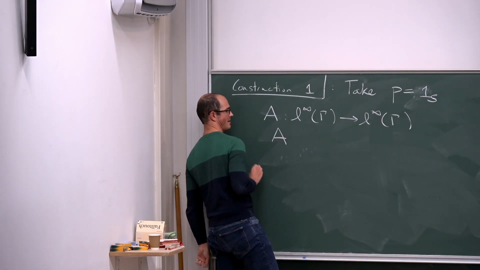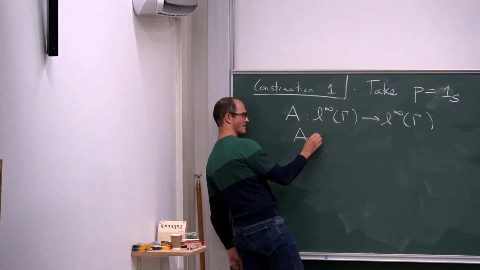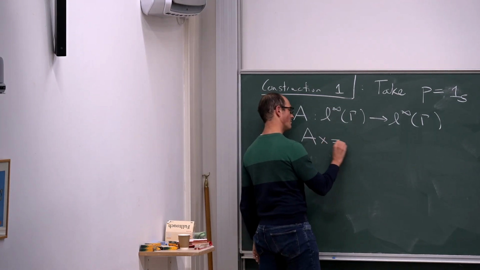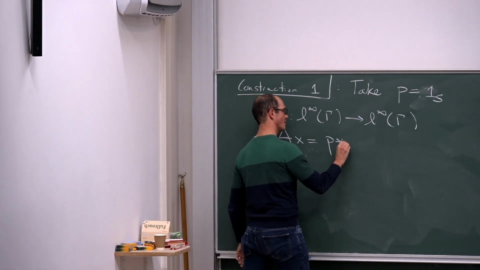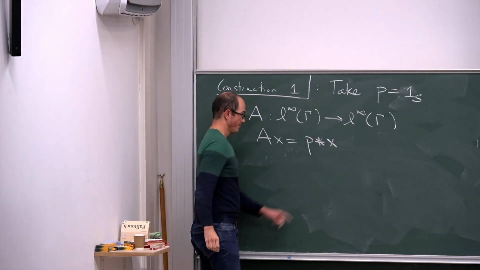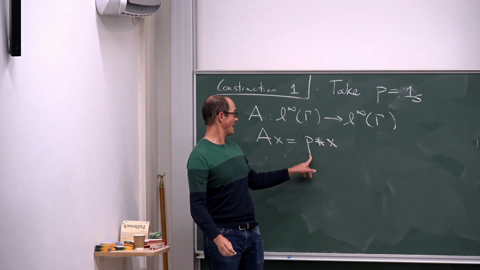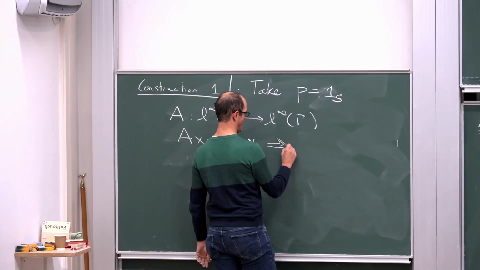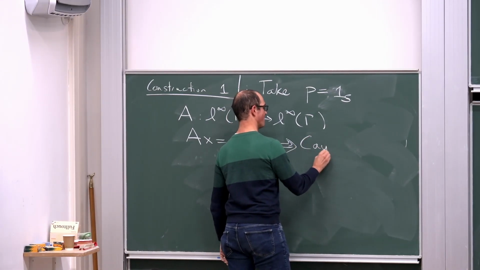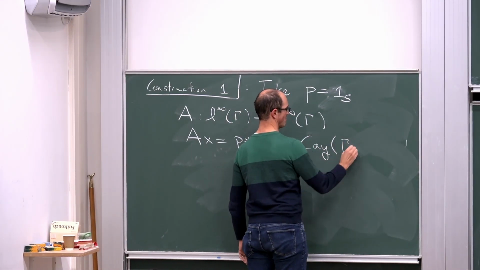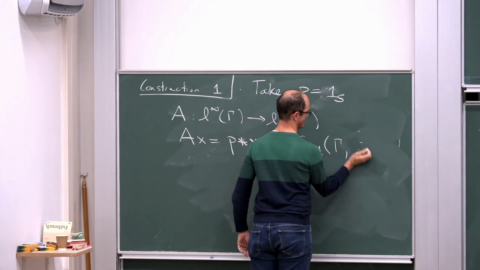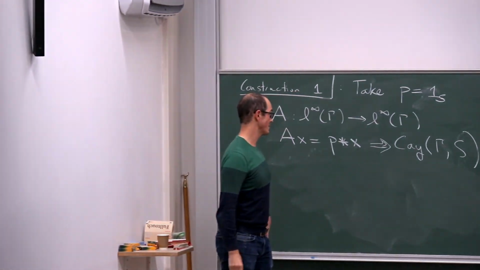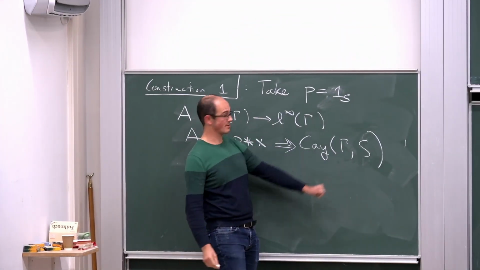And as we saw with the talk yesterday of Mateusz, A of x is given by convolution against x by this projection, okay? This is going to give us this Cayley graph associated to the discrete quantum group and S. Okay, so this is this quantum Cayley graph we saw yesterday.